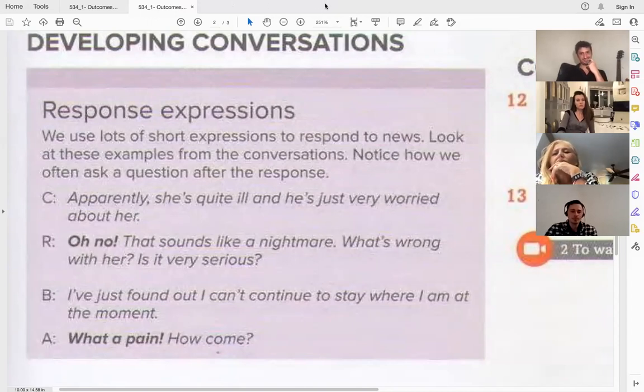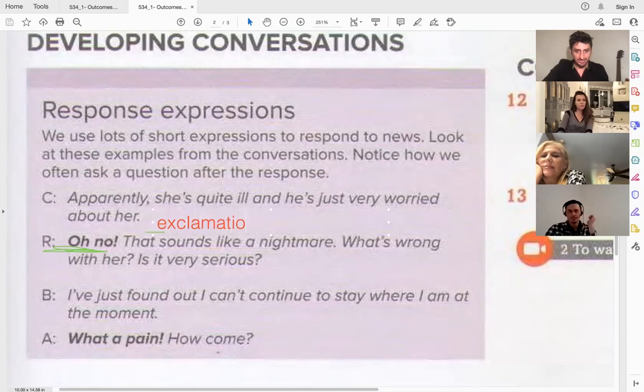Exactly. So you hear first an exclamation, like, oh no, that kind of shows empathy. Oh, that's terrible. Oh no. Oh, how sad. Oh, awesome. Cool. All these things.